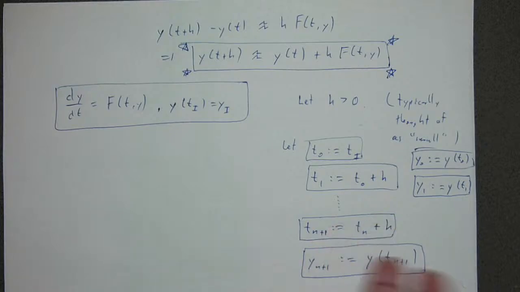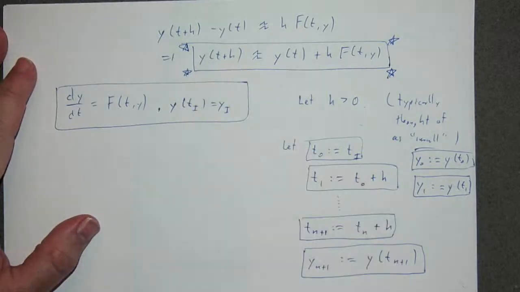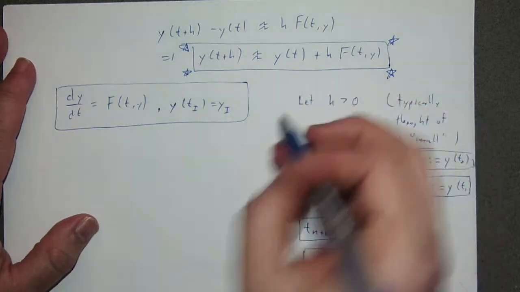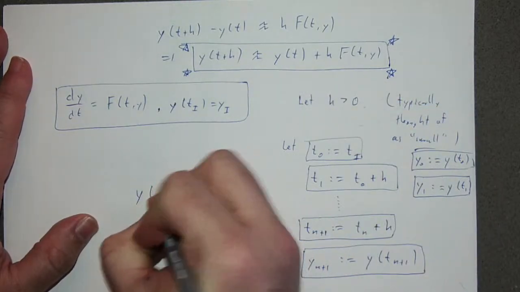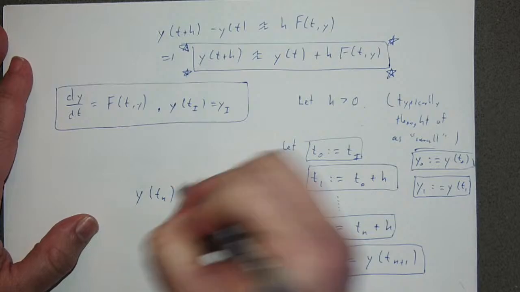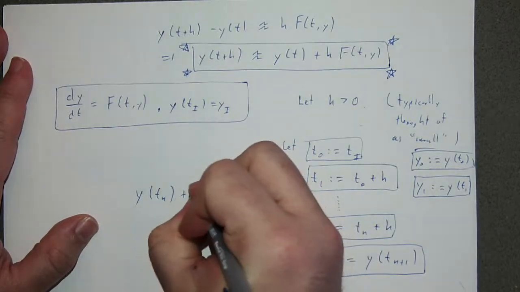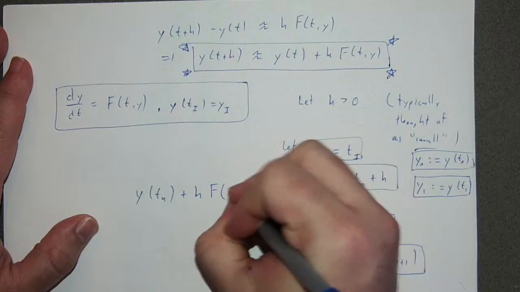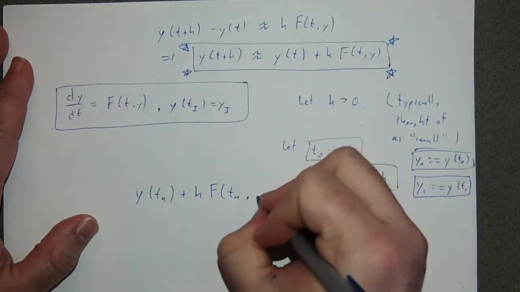Now we're ready to actually state the expression that gives you this algorithm in a nice form. Just using this fact here, let's put in the nth time step on the right-hand side. On the right-hand side, I have y(t_n) + h F(t_n, y_n).